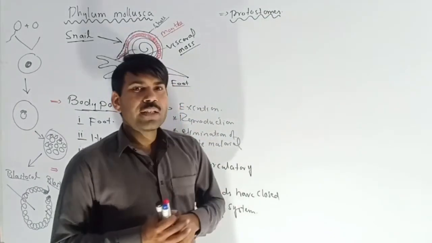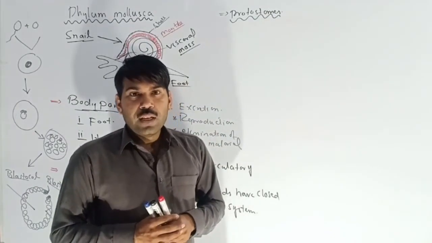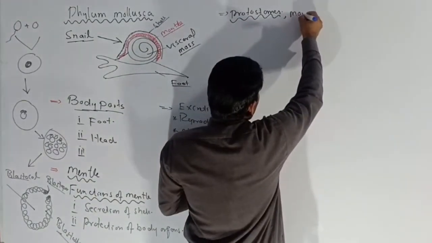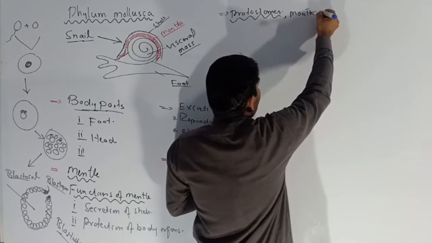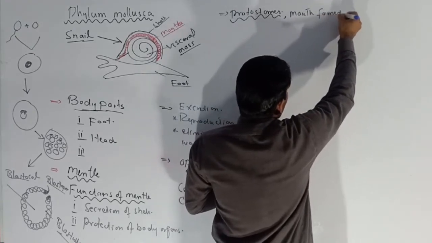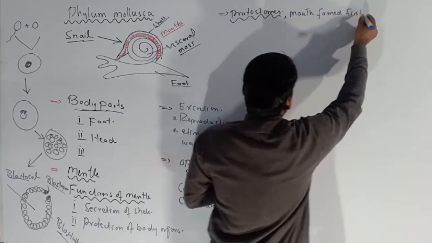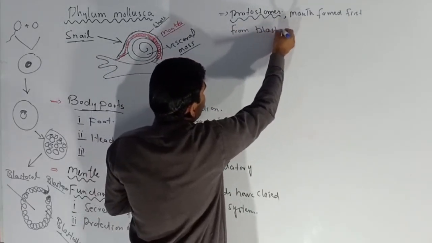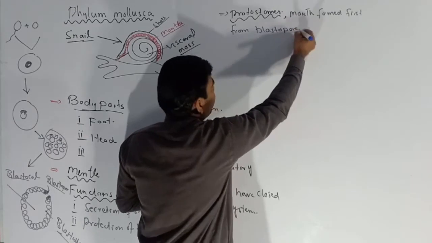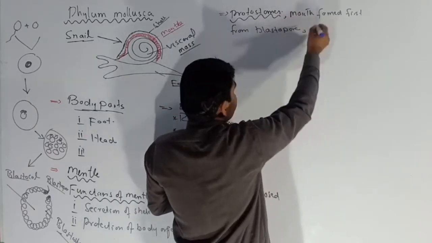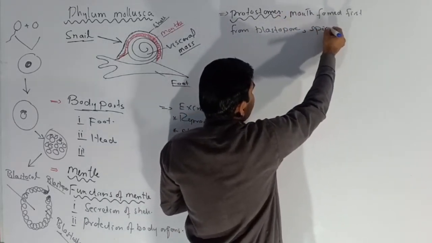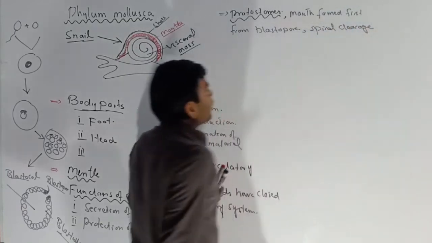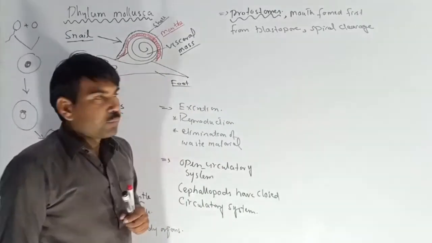Some other characteristics are also present in the protostome, such as the mouth formed first from the blastopore. And there is a spiral cleavage, also a character of the protostome.